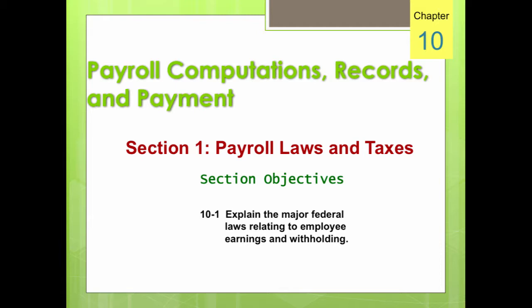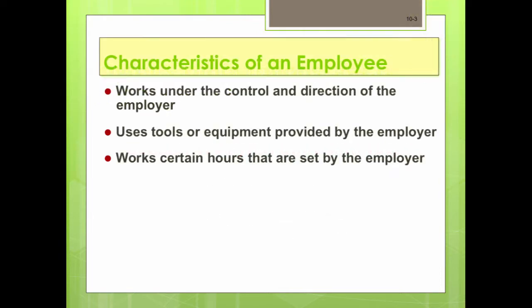If you earn $400 for the week, you're not going to get a check for $400. It usually comes in at a lower amount, because your employer has deducted some taxes that the employer is required to deduct prior to cutting you a check. So we will be covering what those taxes and those laws are.